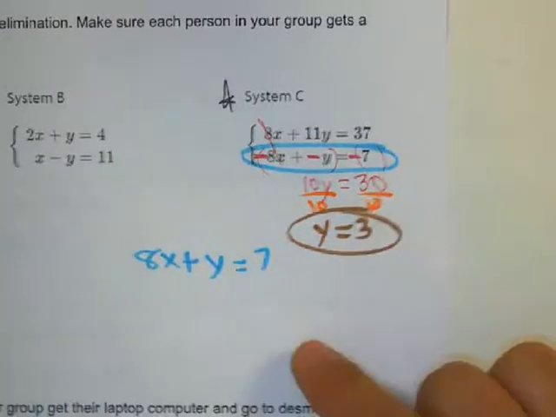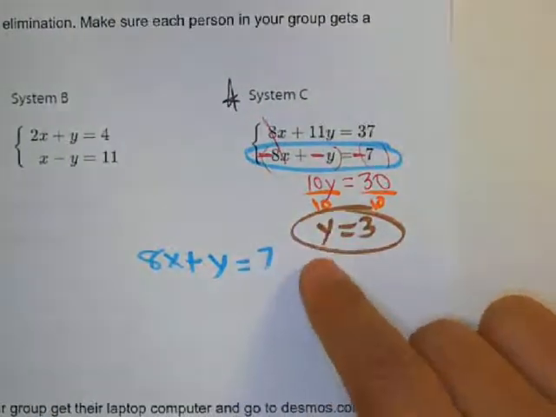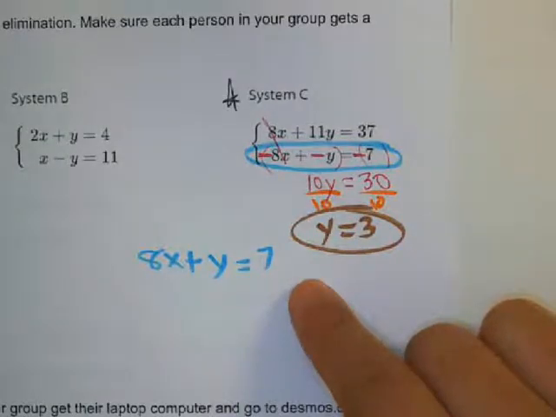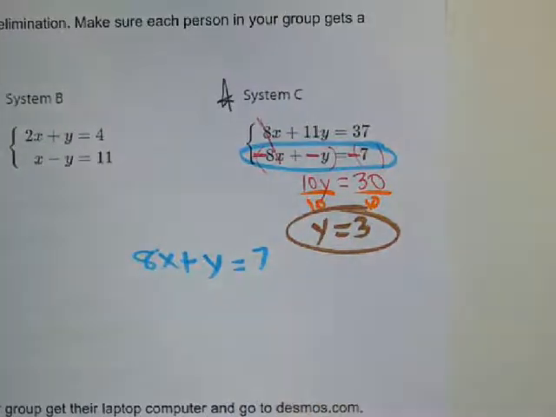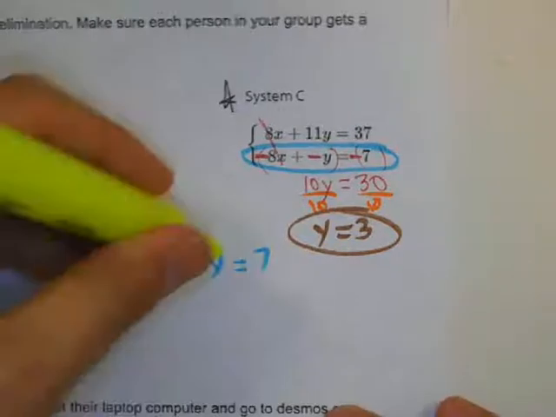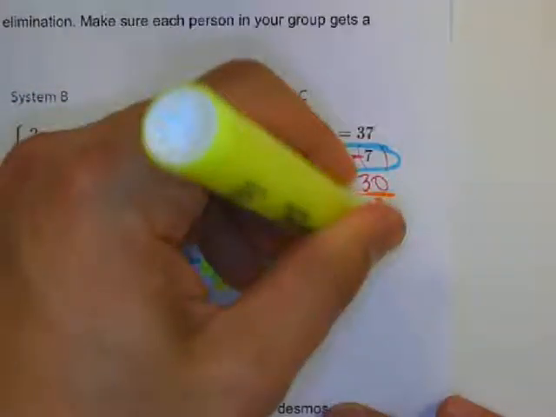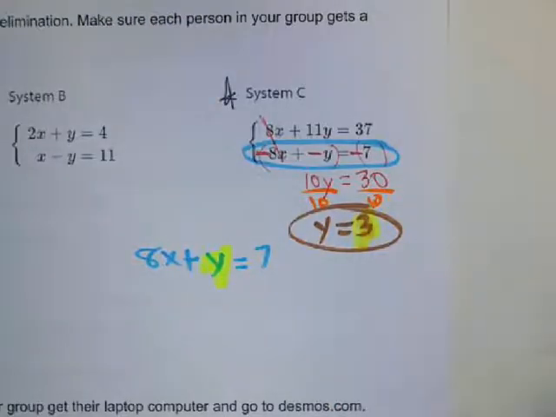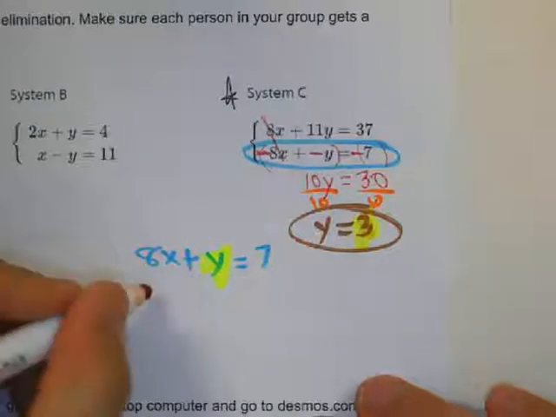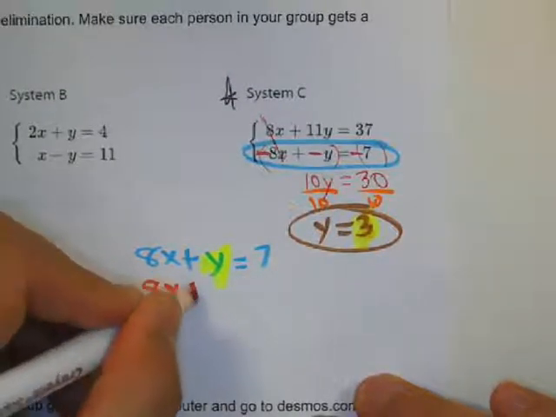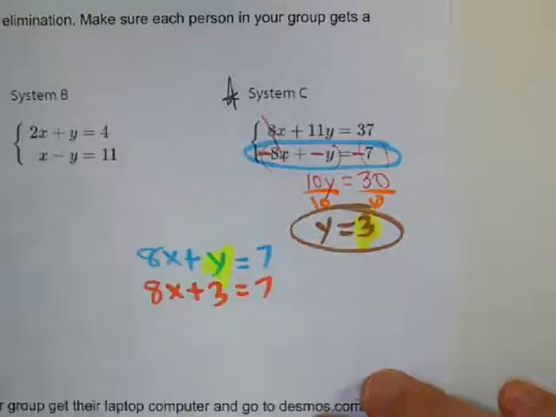That was the original equation. Hit pause if you need time to think about that. Okay, and now I'm going to replace y with 3, right? So now I've got 8x plus 3 equals 7.